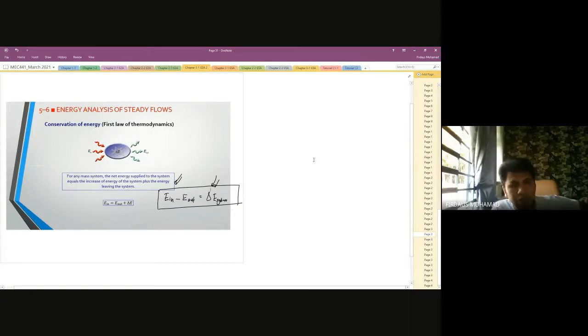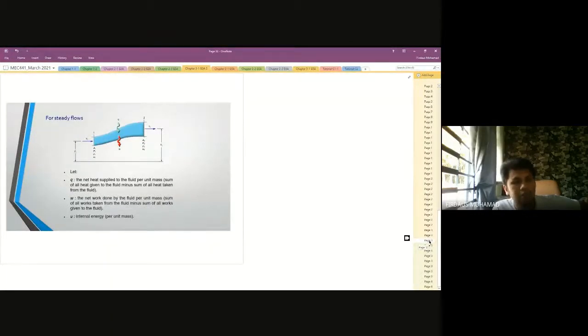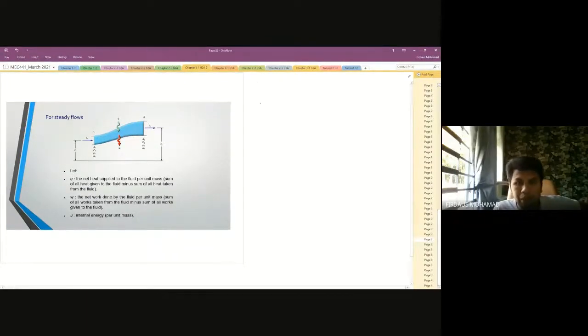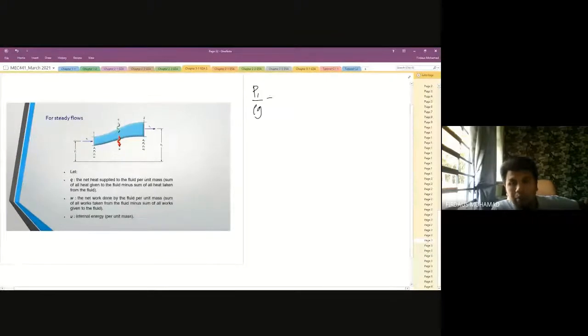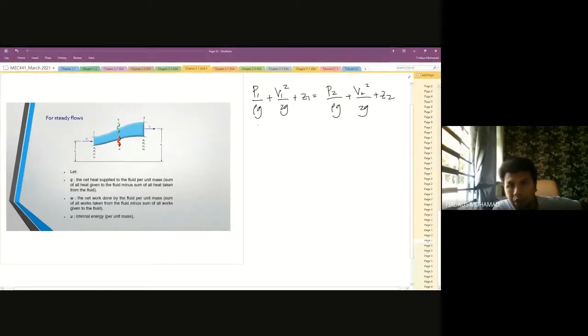Okay, so now for this last part, how do we apply the conservation of energy in the Bernoulli equation? The common Bernoulli equation, if defined in terms of head, is P1 over rho g plus V1 squared over 2g plus Z1 equal to P2 over rho g plus V2 squared over 2g plus Z2.